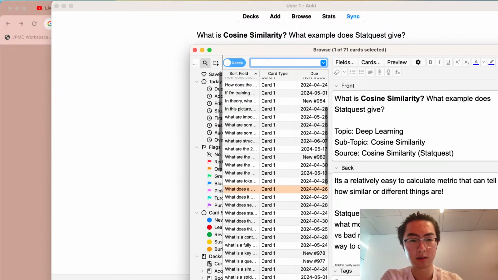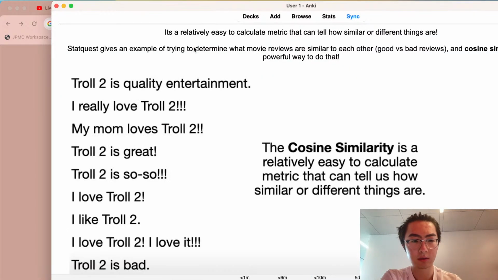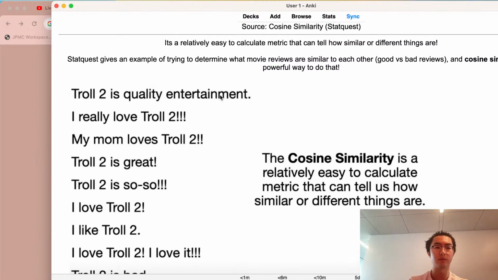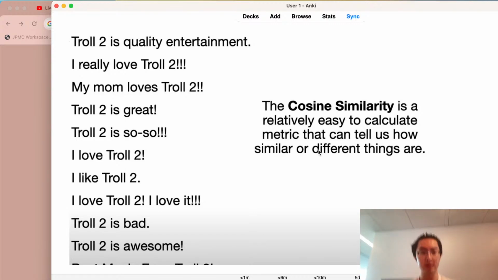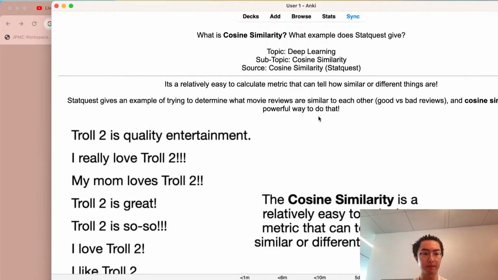Let's see. Relatively easy to calculate metric that can tell us how similar different things are. Okay. Yeah, so that was tough.